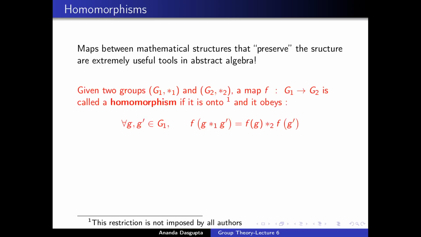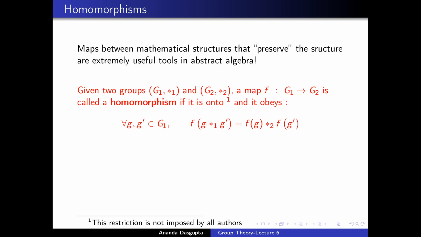Now, given two groups, (G1, star 1) and (G2, star 2), let me point out that at this point I am being very precise about stating the group as an ordered pair of the underlying set and the product operation. Whenever the underlying set or the product operation is obvious from the context, we will stop labeling them as G1, star 1 and so on.